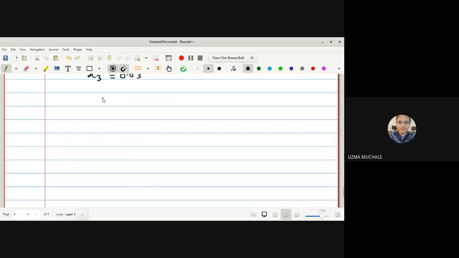First, we will proceed to find out y1 naught with the help of Euler's method. So what is the value of y naught? It is 1 plus 0.01 times f of x naught y naught. How to find out f of x naught y naught? It is x naught square plus y naught.